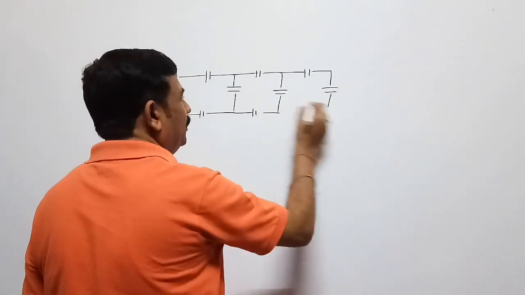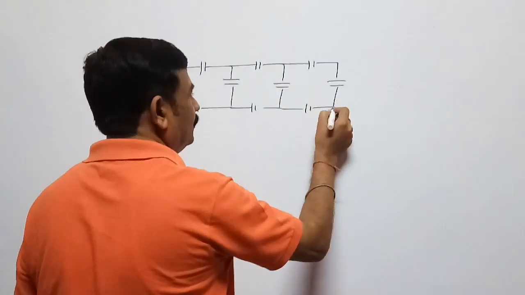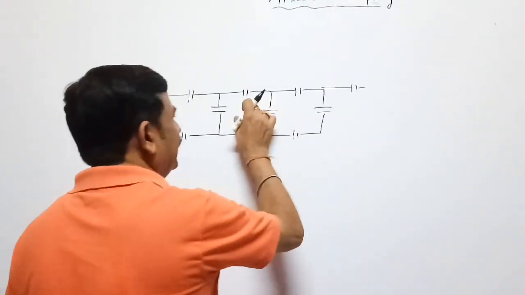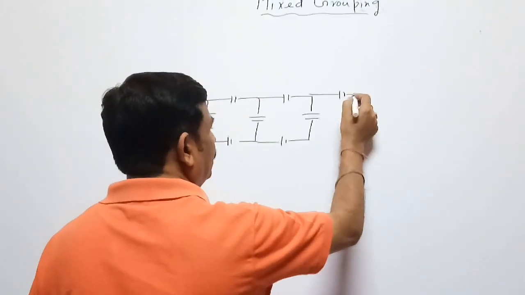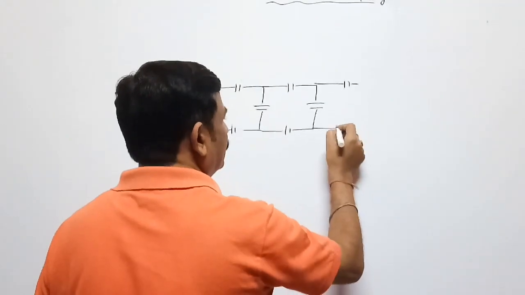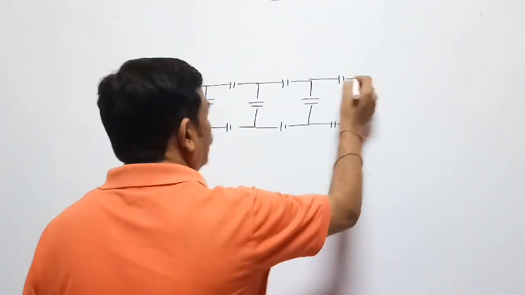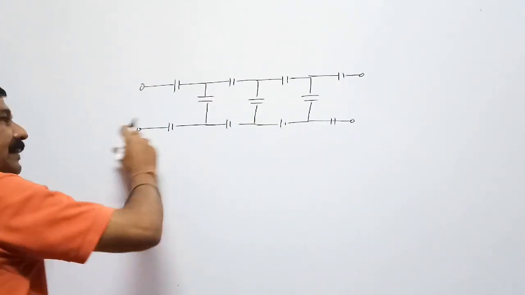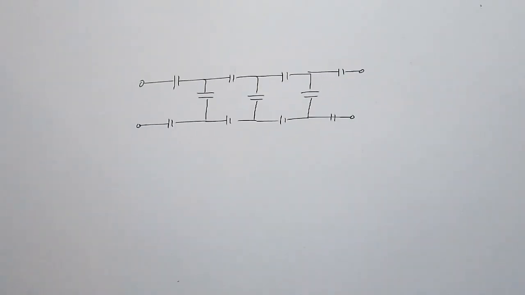It doesn't matter how many sections it consists of. Maybe one section, maybe two sections, maybe three sections, maybe four sections. This is called finite ladder type of circuit.